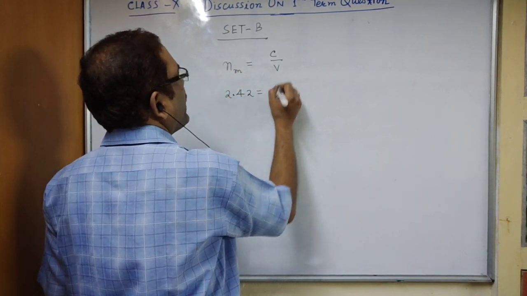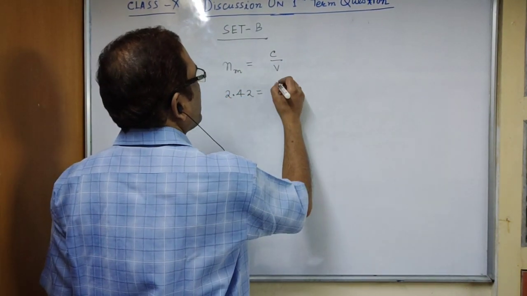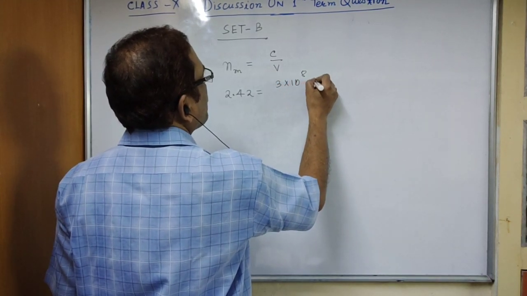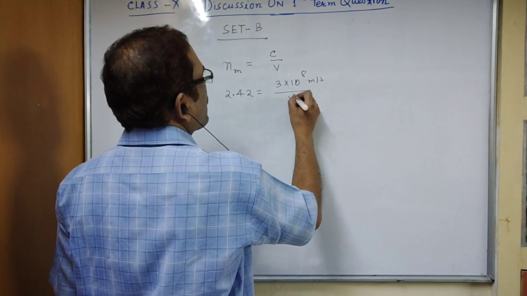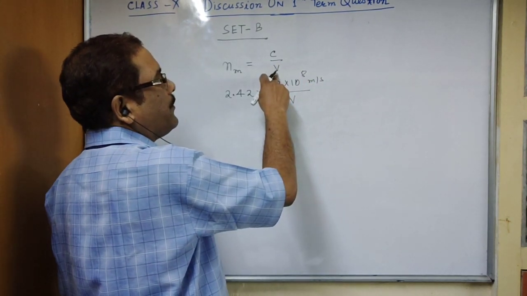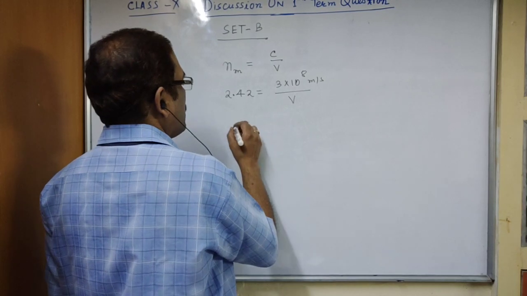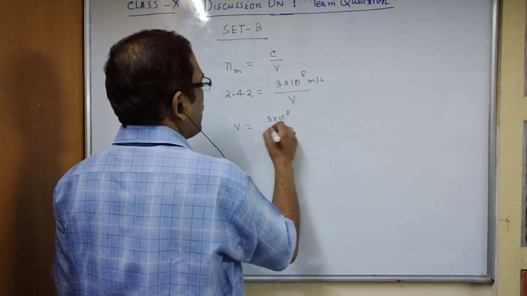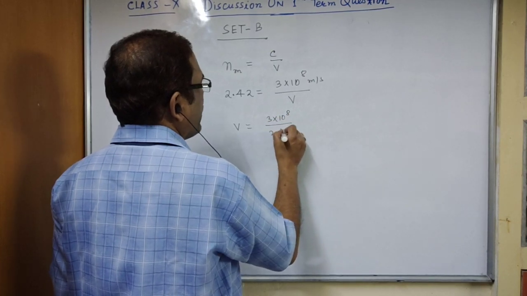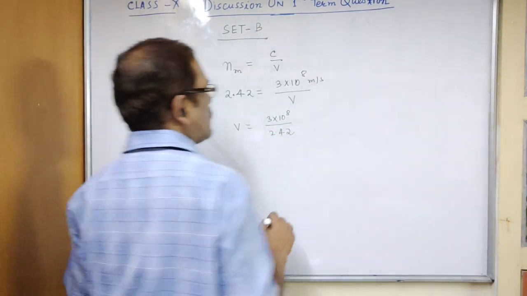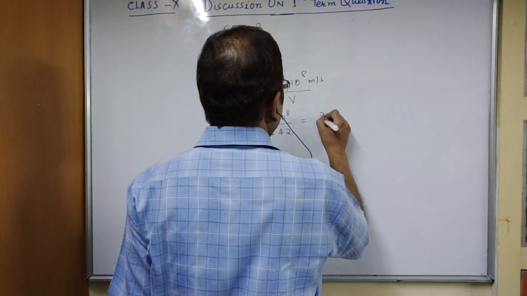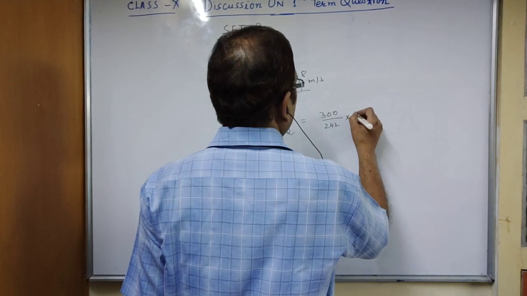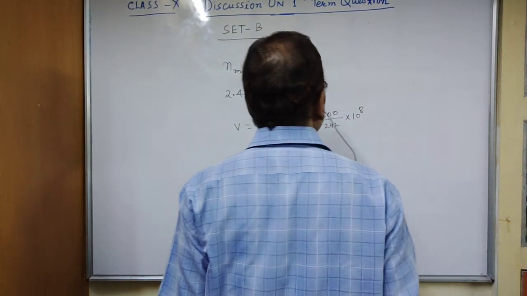And c means velocity of light in vacuum, so it is constant, 3 into 10 to the power 8 meter per second, and you have to calculate velocity of light in the medium, and here the medium is diamond. So v is equal to simply 3 into 10 to the power 8 by 2.42. So if you simplify it, it will be 300 by 242 into 10 to the power 8.